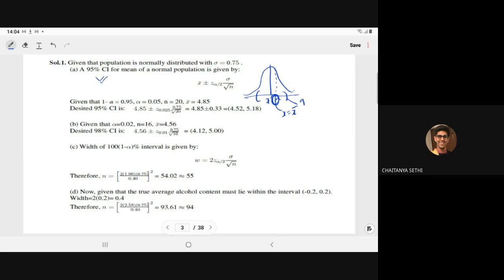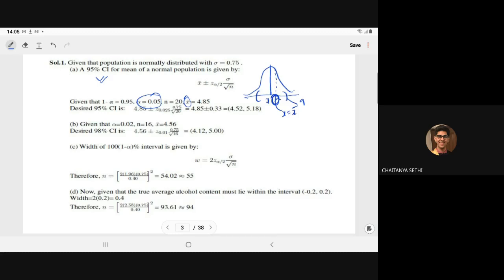So alpha: 1 minus alpha is given to you as 0.95, so alpha will become 0.05. n, the sample size, is 20, and x bar is the notation of the sample mean, given to you as 4.85. So when we put these values in the formula, it will become 4.85 plus minus z.